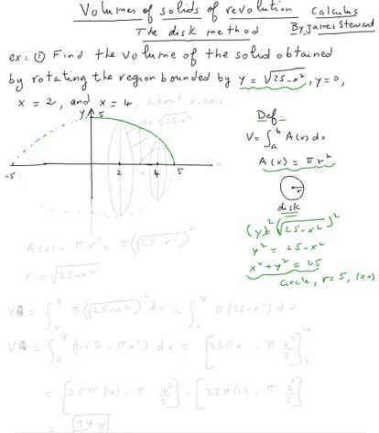You'll see why, because we're going only from y equals 0, which is the x-axis, and then x equals 2 to x equals 4. So in other words, this is the region that's going to be rotating about the x-axis.